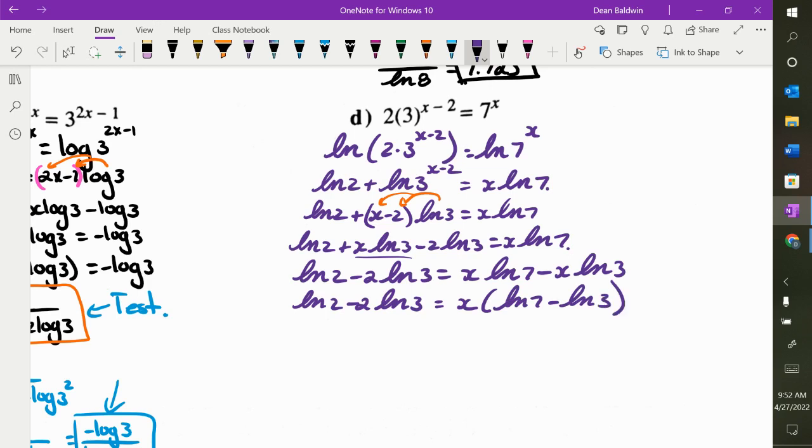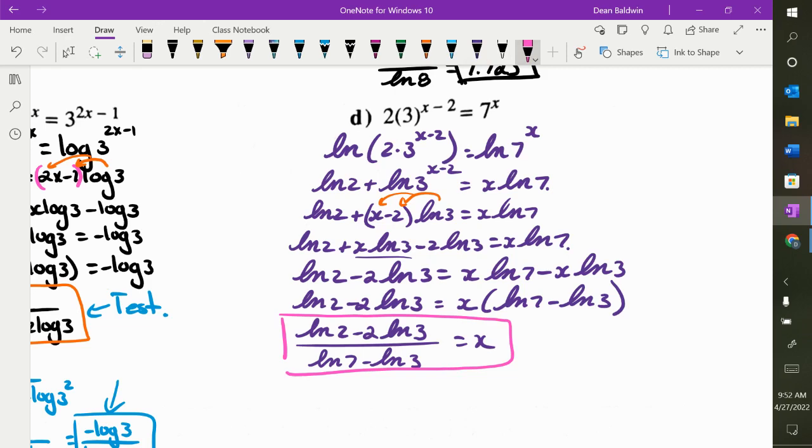Divide off the natural log 7 minus natural log 3. And for math 12 on a test, you could stop there.